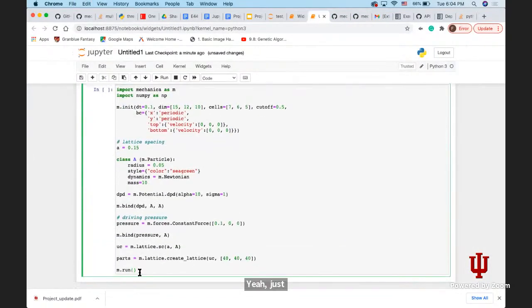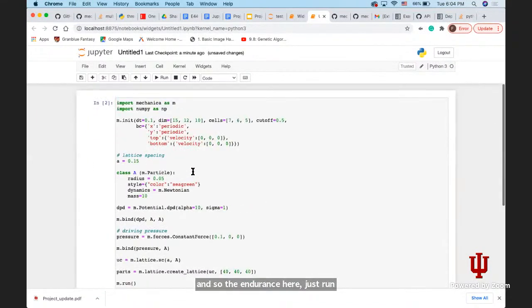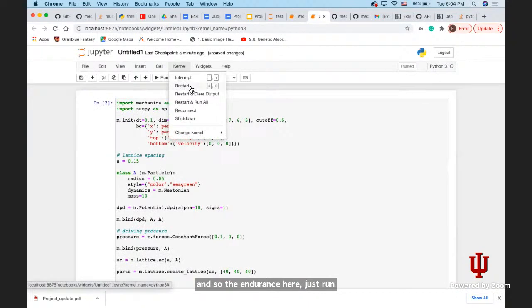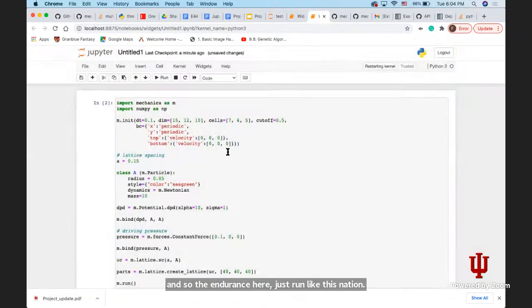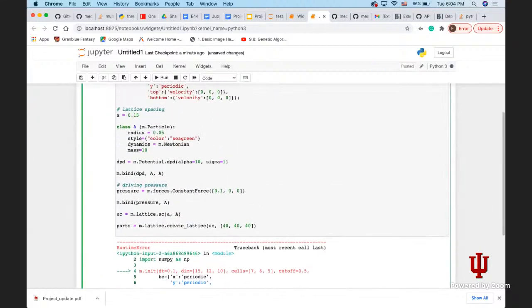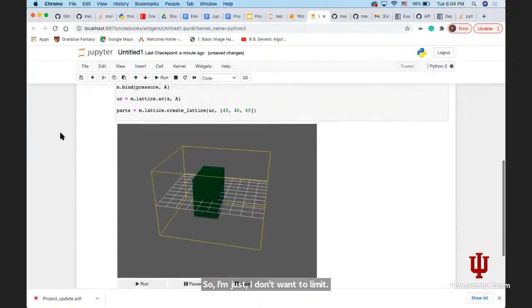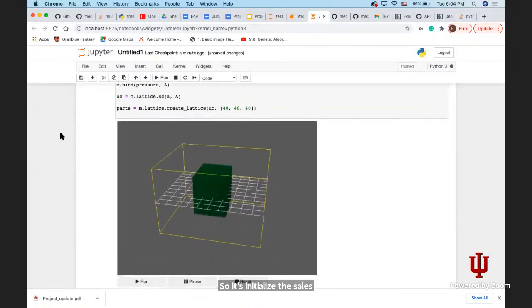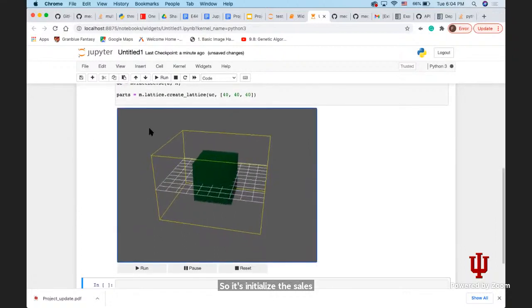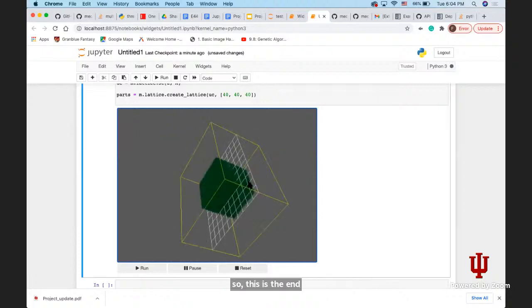The m.run here just runs the simulation. So I have to set the kernel. I'm just delaying this one, I don't want to run it. If I run it, it initializes the cells and it's pretty slow. I don't know why. So this is the initialization of the Poisson box.